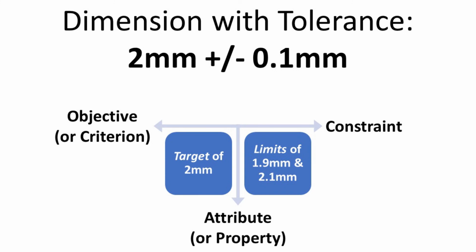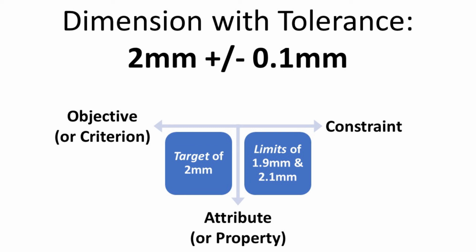For example, when refining your requirements during detailed design, which we'll talk about later, that tends to be a phase where a lot of these requirements get refined further, physical dimensions will often be specified with tolerances. And if you specify a particular dimension and a tolerance for that dimension, the target dimension is an objective because we want to get as close to it as possible, whereas the tolerance indicates our constraints.